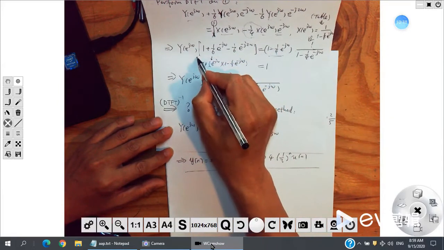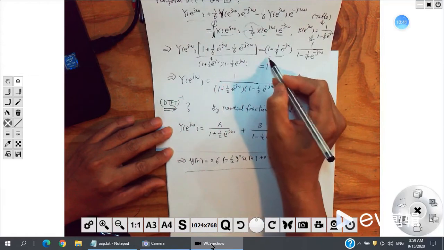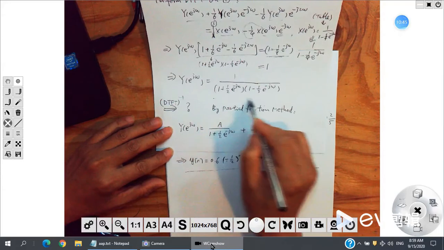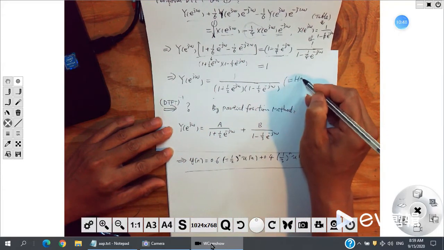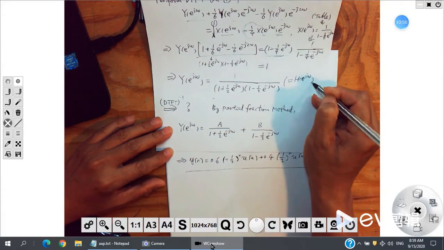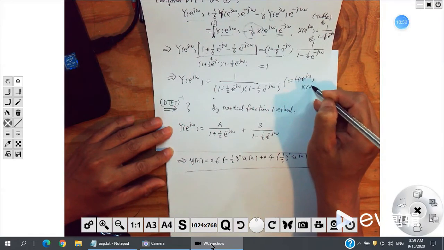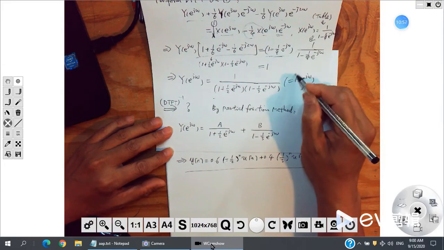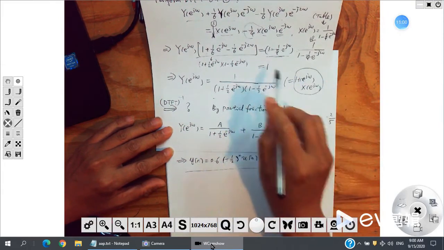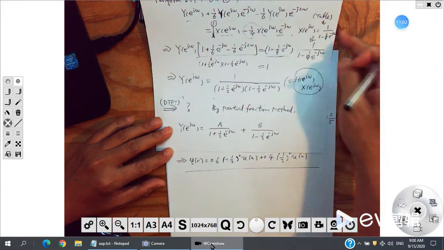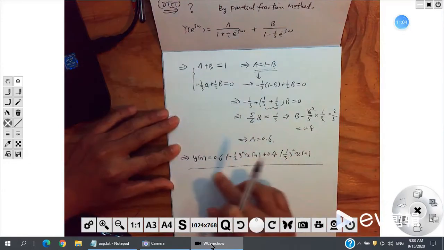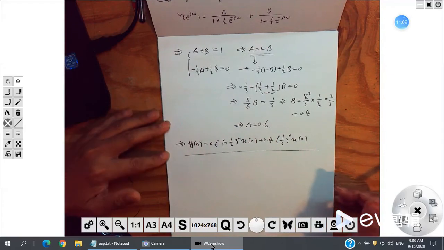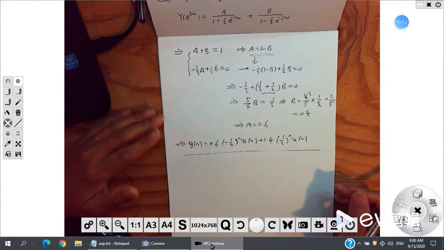This is the denominator of the frequency response, this is the numerator of the frequency response, and this is the frequency response times the input in the frequency domain. Right? Then we have this output. You can think this is a normal way to find the output if the input is given.